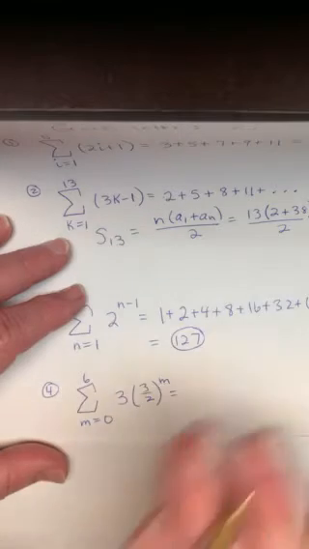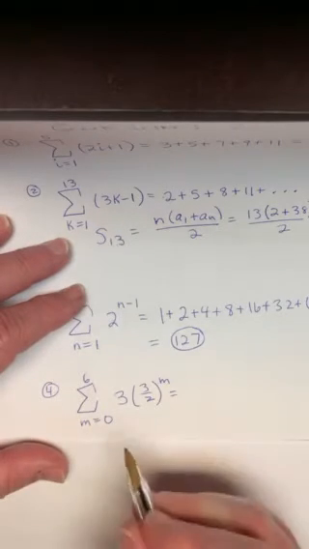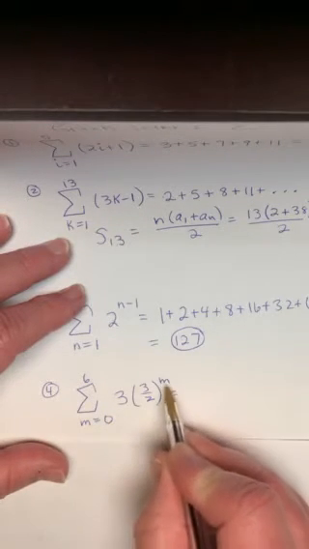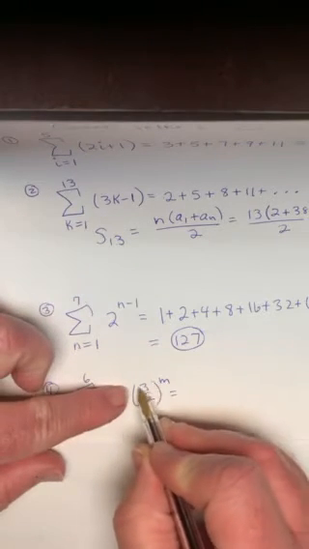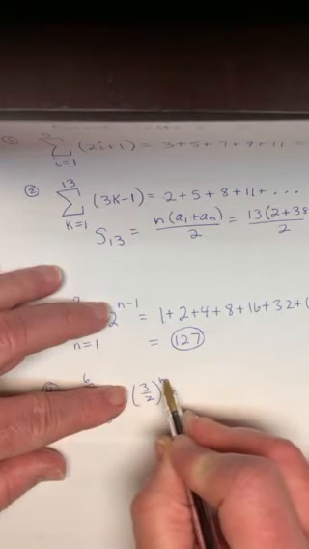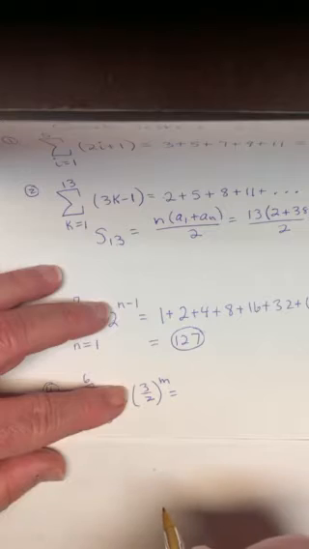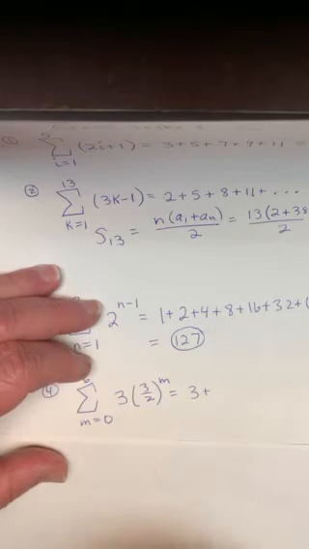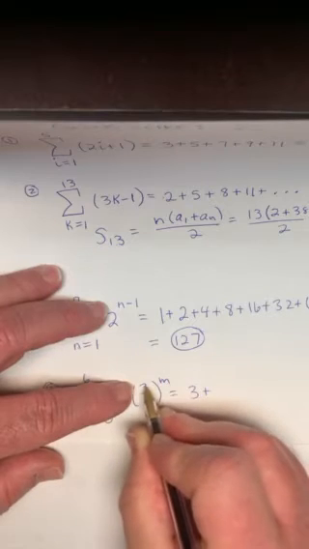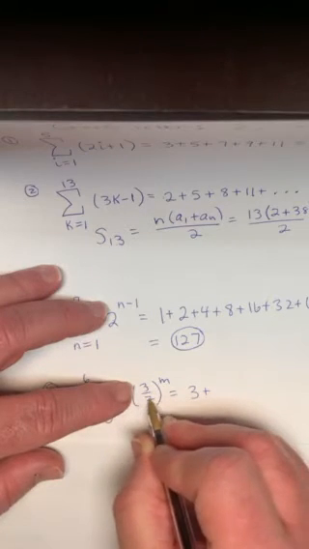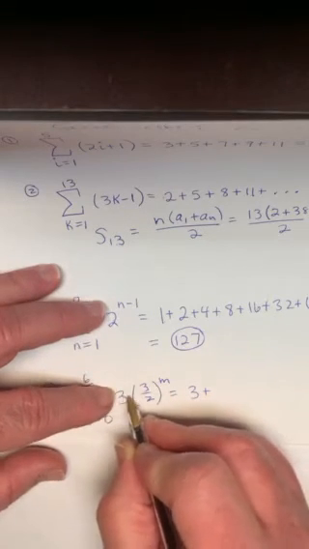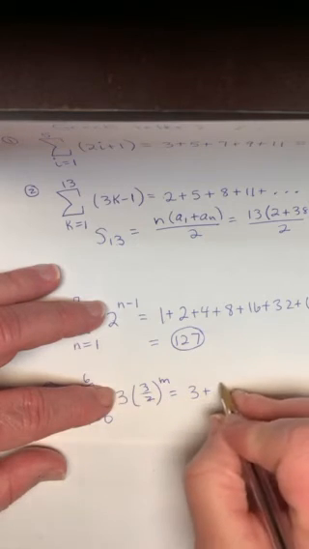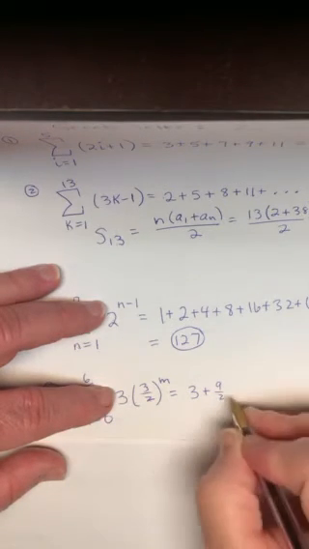All right, don't panic the first time you try these. Take 0 and plug it in for m. Anything to the 0 power is 1. Times 3 is 3. Plus, now plug 1 in. Well, obviously 3 halves to the first is 3 halves. Guys, what's 3 times 3 halves? Wouldn't that be 9 halves?